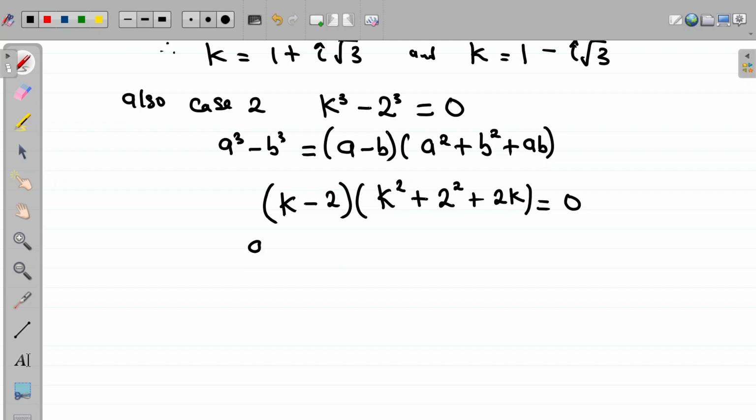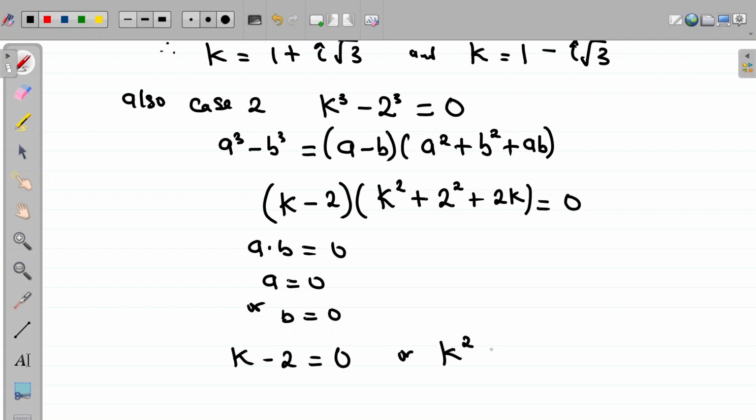So we know that a multiplied by b equal to 0. It's either a is equal to 0 or b is equal to 0. Therefore, we obtain that k minus 2 is equal to 0 or k squared plus 2k plus 4 is equal to 0. Thus, k is equal to 2.